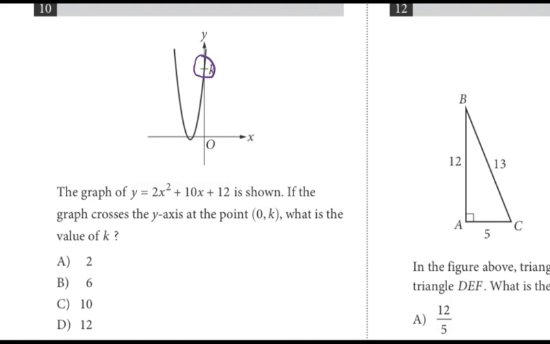When you have the equation of a quadratic in the form ax squared plus bx plus c, c is always the y-intercept, which is 12. Since 0, 12 is your point, k would be 12. Pretty simple question.